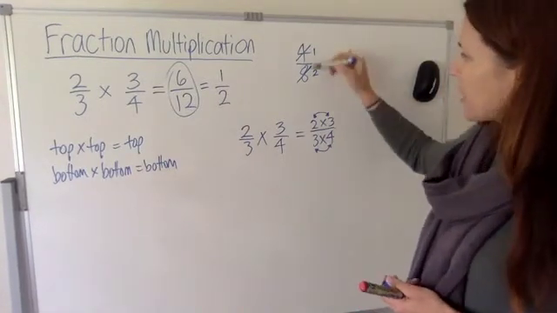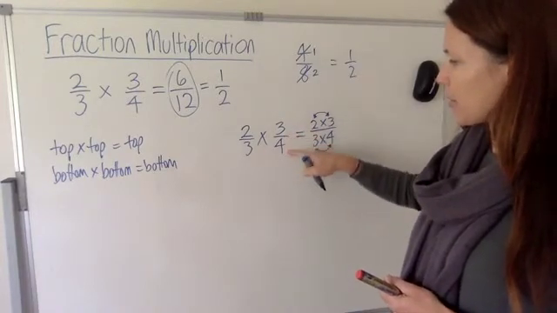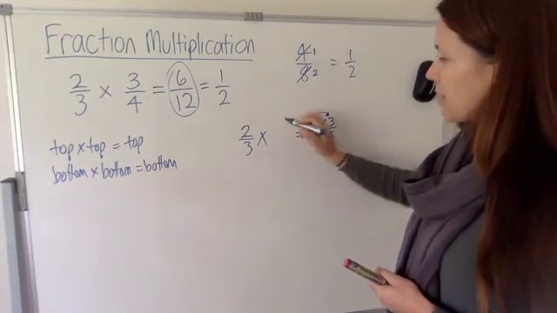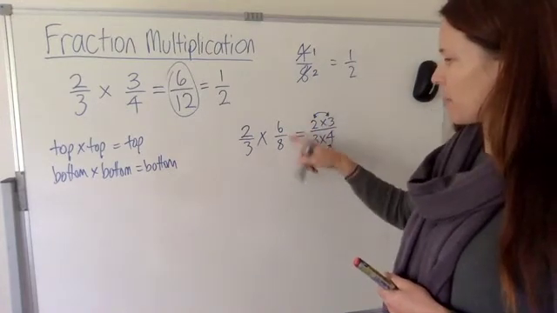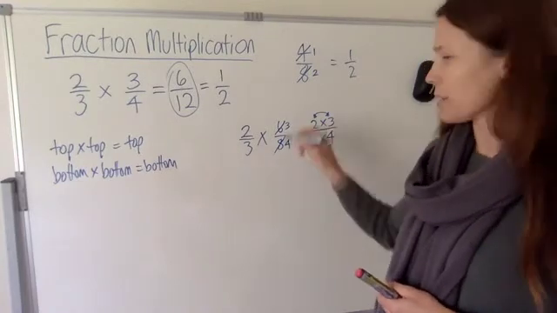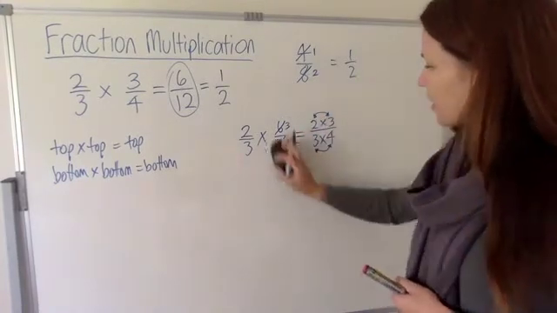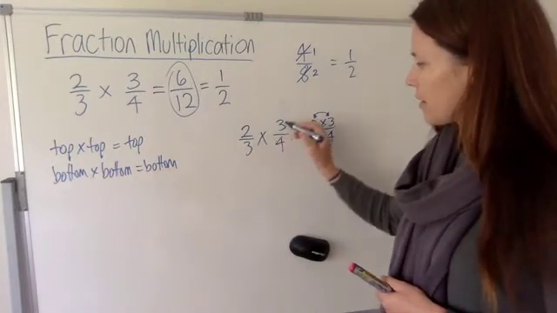So we know that we can cancel top and bottom of a single fraction. So if we had a number here that was, for example, let's say 6/8, we could say, hold on a minute, these are both even numbers. I can halve this one and halve this one, couldn't we? So we can see that we can cancel within a specific fraction. But we can also cancel diagonally.